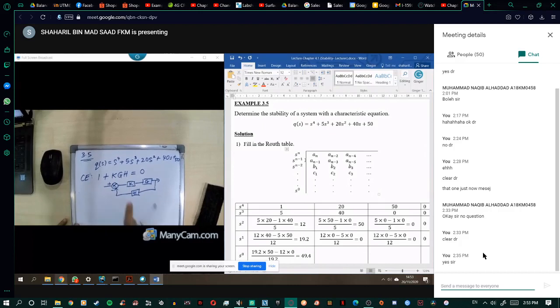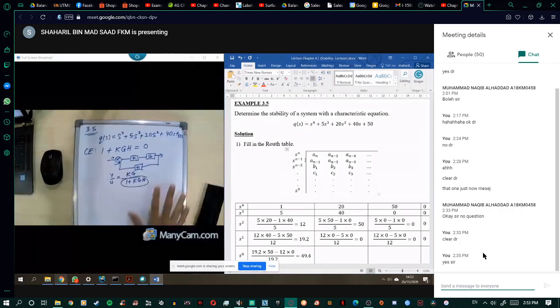How do we get 1 plus KGH? Y over U equals KG over 1 plus KGH. Clear?